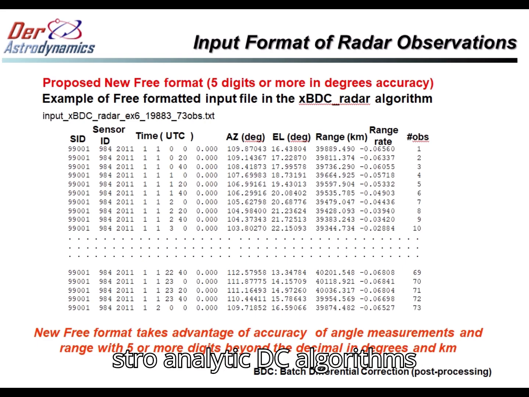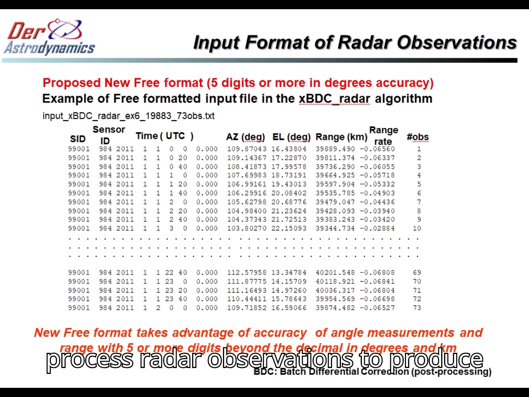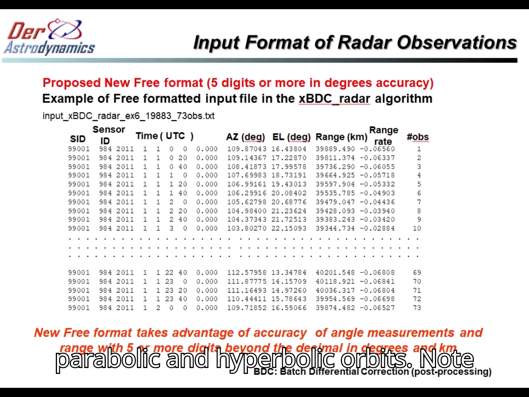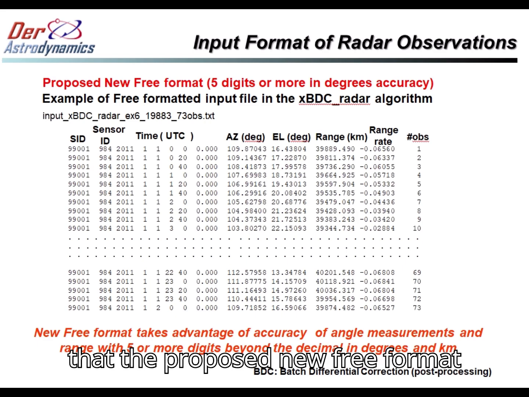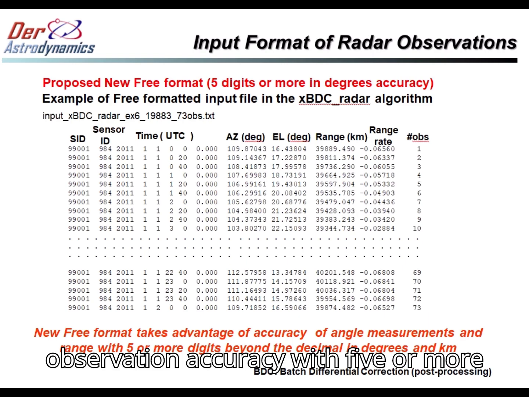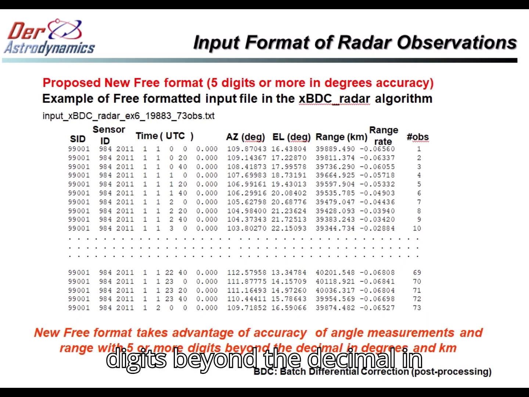The ASTRO analytic DC algorithms process radar observations to produce state vectors of circular, elliptic, parabolic, and hyperbolic orbits. Note that the proposed new free format takes advantage of observation accuracy with 5 or more digits beyond the decimal in kilometers and degrees.